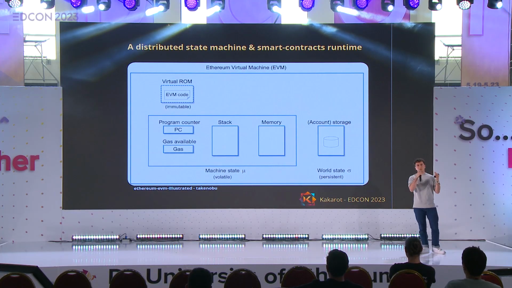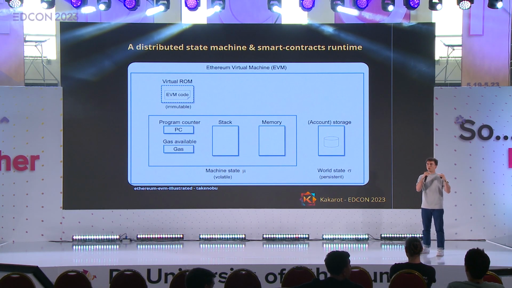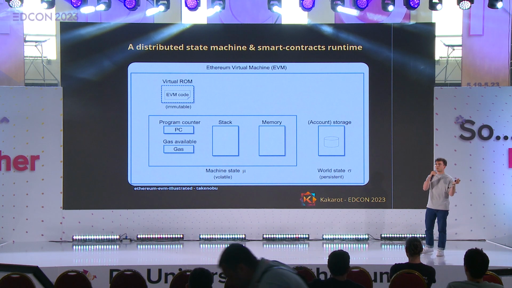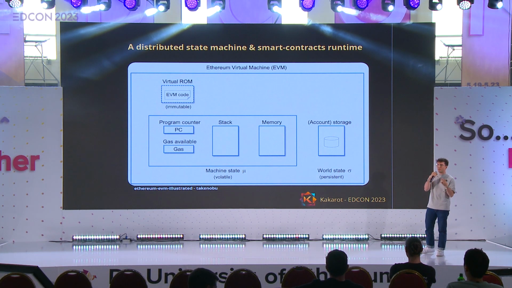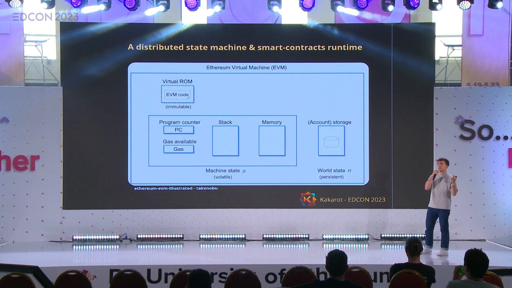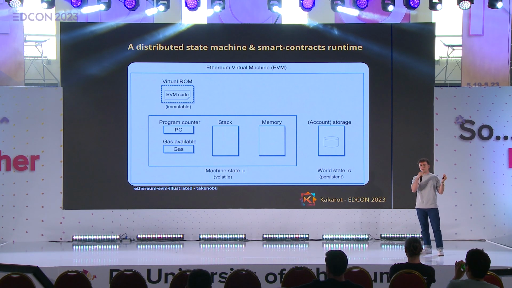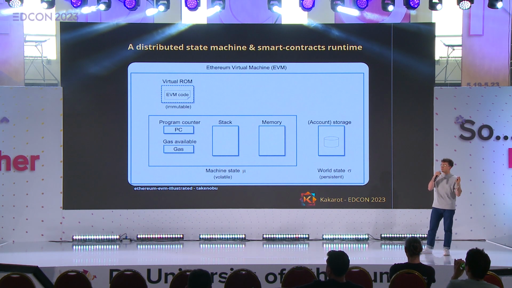So the EVM is the Ethereum Virtual Machine. It's essentially a distributed state machine where all the smart contracts on Ethereum or Ethereum-like chains live. So it's where all your balances live, where all your logic lives, where the protocol guild lives, and essentially every execution client in the network has an EVM instance, and they use it to check that every transaction is valid.